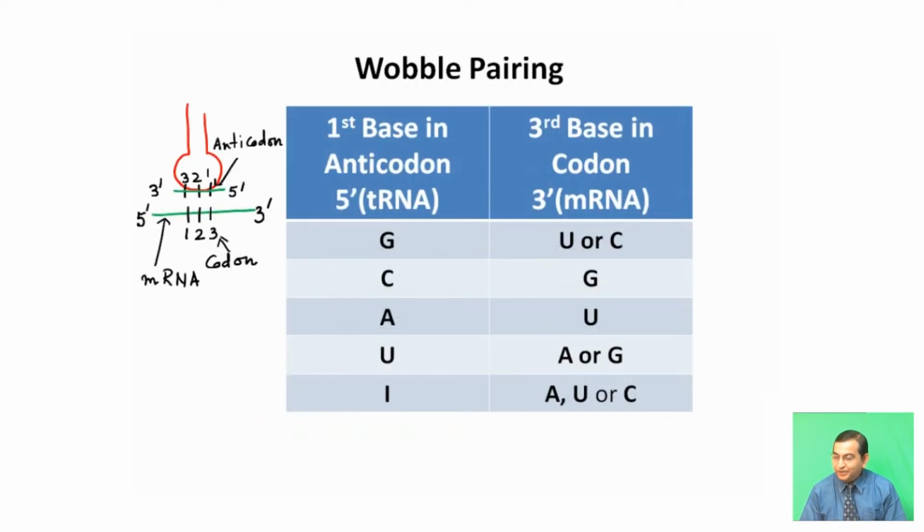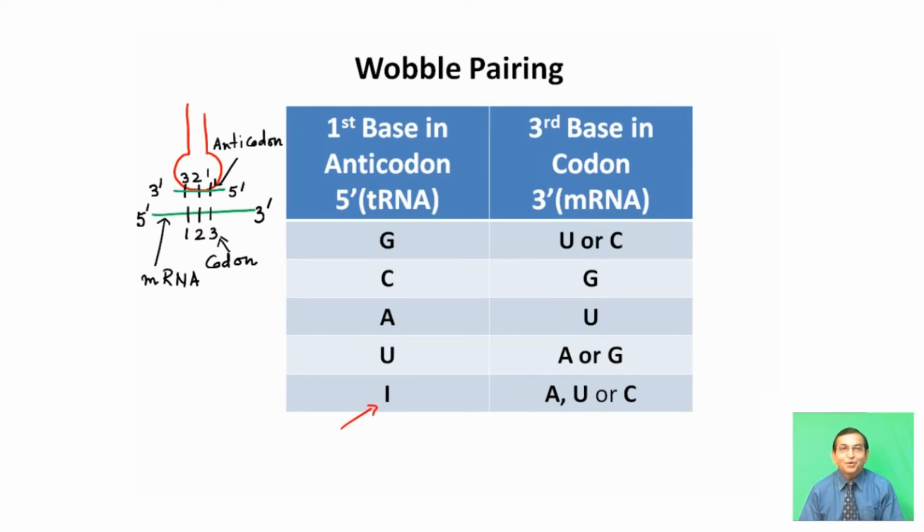Now, for wobble pairing, there are some pairing rules. That is, G will pair with U or C, C pairs with G, A pairs with U, and U pairs with A or G, and there is the inosine molecule. Inosine, or I, pairs with A, U or C. So this wobble pairing occurs between the first base of the anticodon in the 5' position of tRNA and the third base of the codon in the 3' end of mRNA.